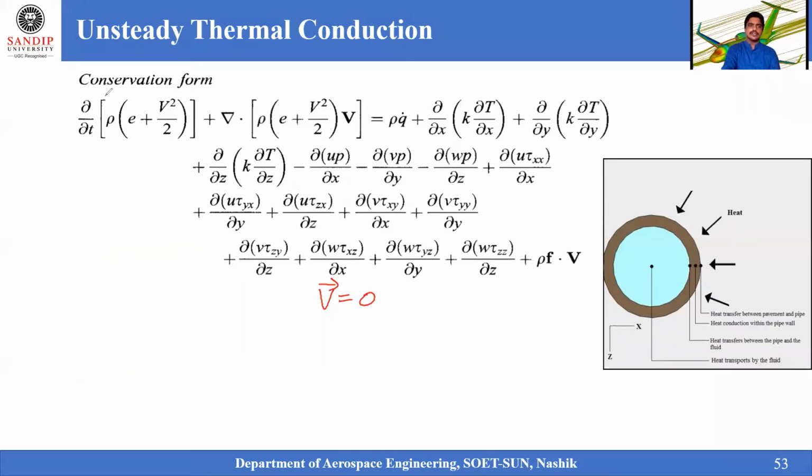Then I have taken the conservative form of the energy equation, where I have addressed this. In this form, when I take that there is no velocity change, that means the fluid is not being transferred.